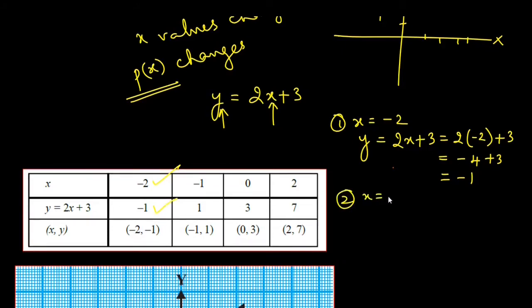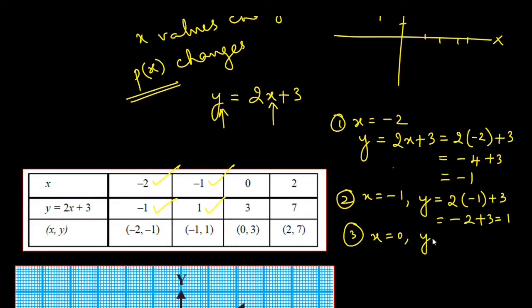For x is equal to minus 1, y is equal to 2 into minus 1 plus 3. This is minus 2 plus 3 is equal to 1. For x is equal to minus 1, y is equal to 1. X is equal to 0, y is equal to 2 into 0 plus 3. This is 3. X is equal to 0, y is equal to 3.